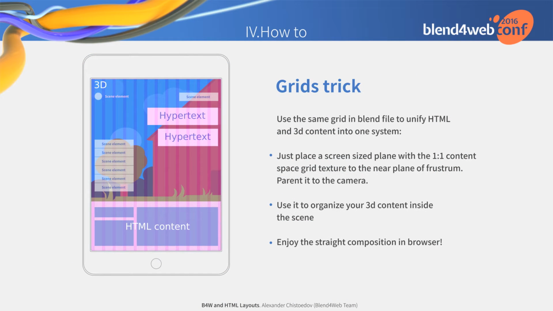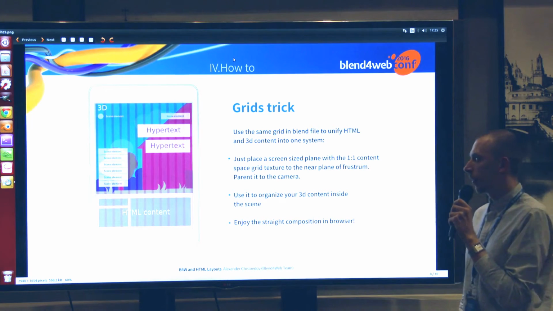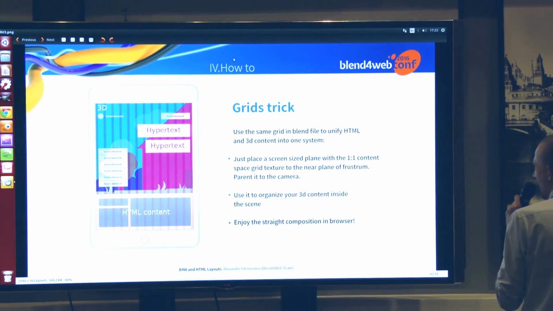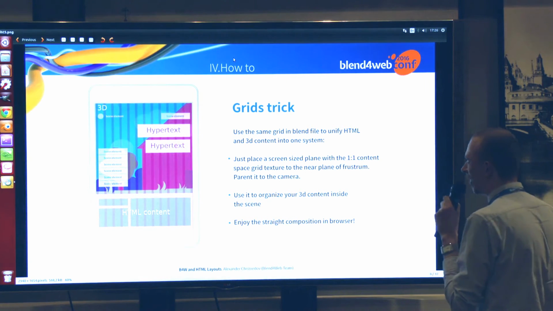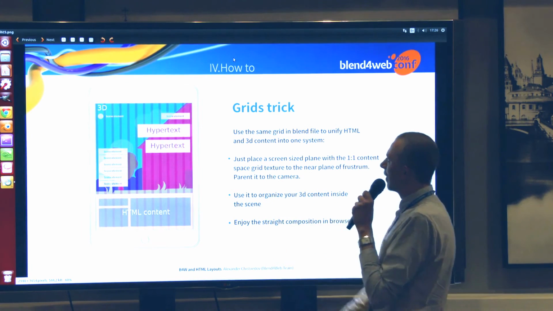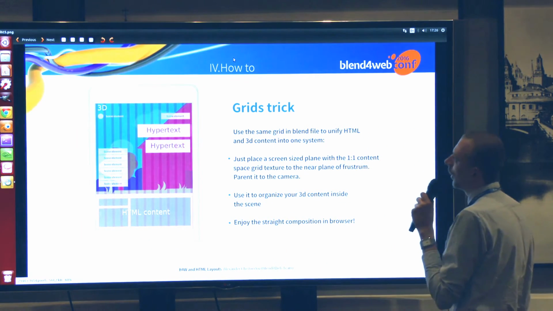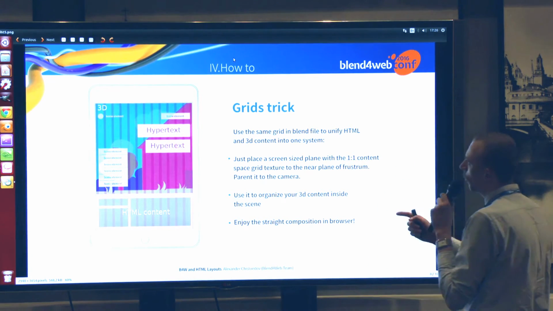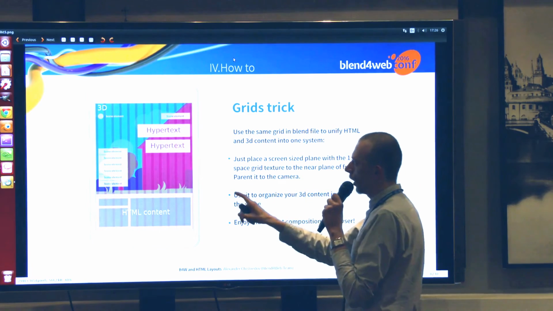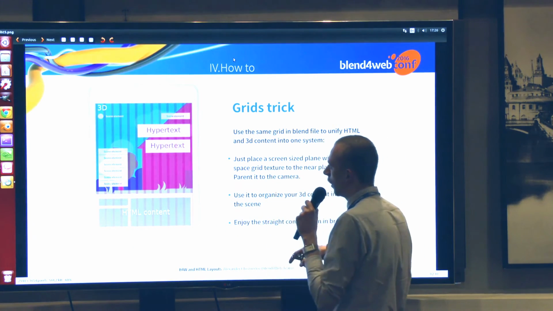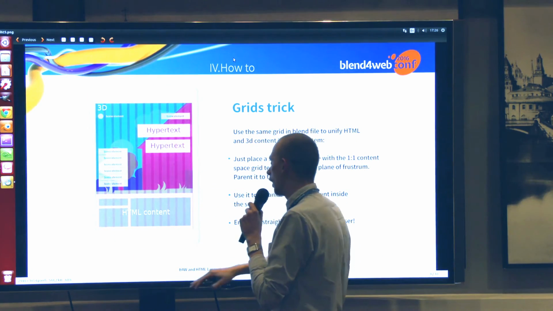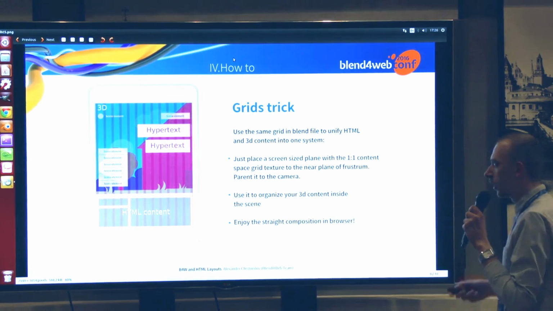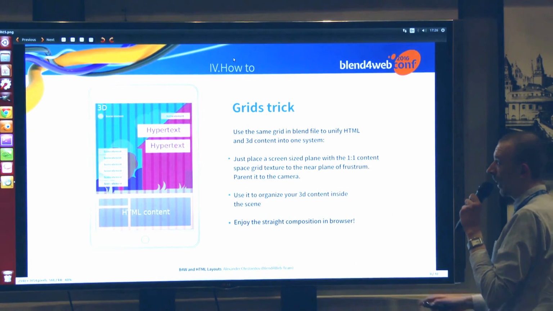Now I want to introduce some tricky actions for compositing 3D content and 2D content. It will be work with grids. In this example, I use a column grid. So if you want to organize content in your 3D scene so that it lines up with the 2D components, you must use modular grids in the 3D scene, in Blender.